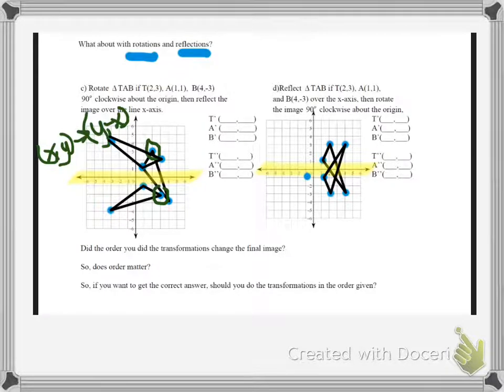This point at 2, -3 will go to -3, -2 according to our rule. And this point at 4, 3 is going to go to 3, -4. Again, following this rule that we established.